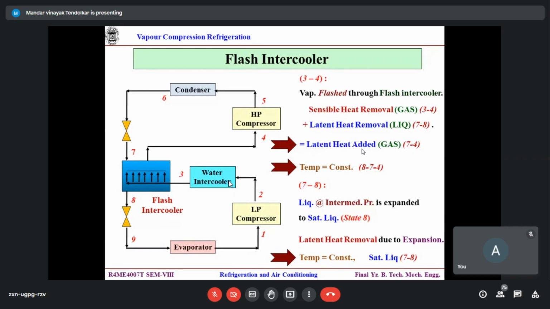So that is at the higher enthalpy value, so it will reject it. That is the sensible heat removal, 3 to 4. The bubble collapses, liquid part, vapor part.